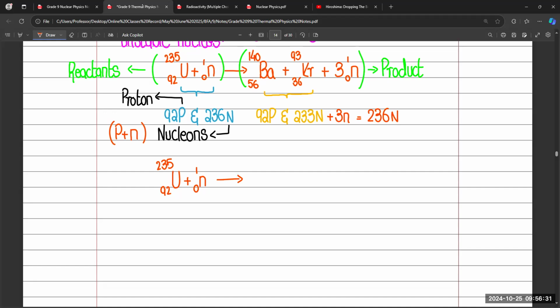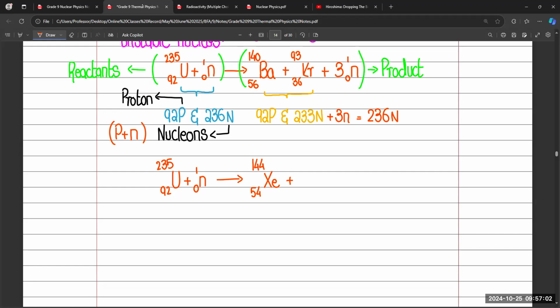Now you can see the numbers are different. We got one element with 54 atomic number and 144 atomic mass. You can see the numbers are different as compared to the first equation. From the periodic table, you can check these elements and get the name of the element easily, but that is not compulsory in physics, because in physics there is no concept of the periodic table.